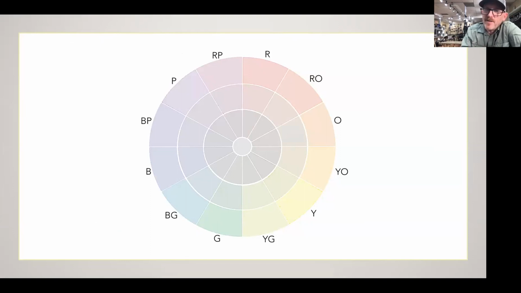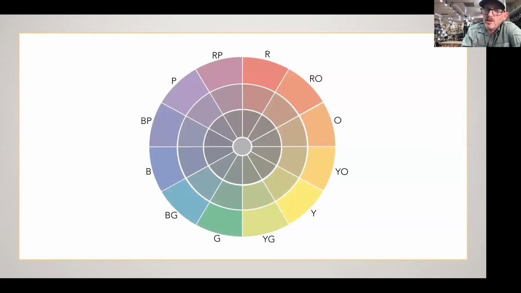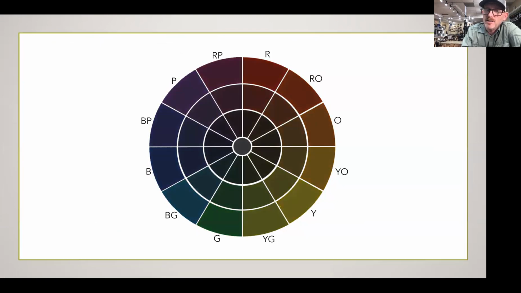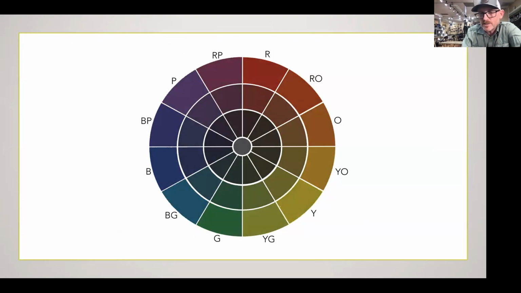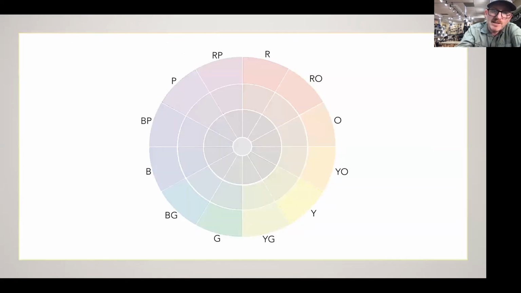For really explaining value, I'd need about 10 color wheels, each one a little lighter or darker than the last to illustrate. Now, I won't get too dark because it's hard to see on our screens, but it doesn't matter whether we're very dark or whether we're pastel light, each of those colors still has a hue and still has a saturation.